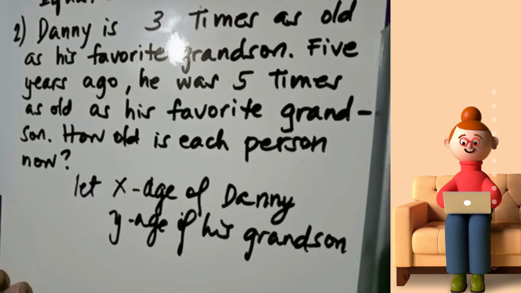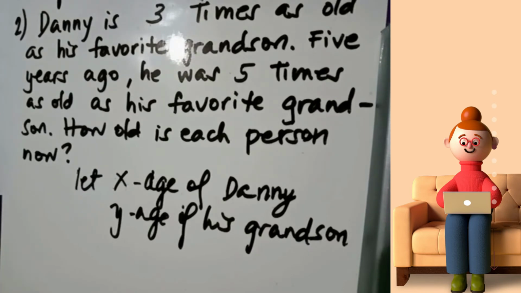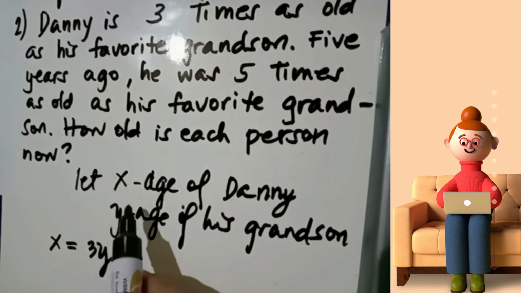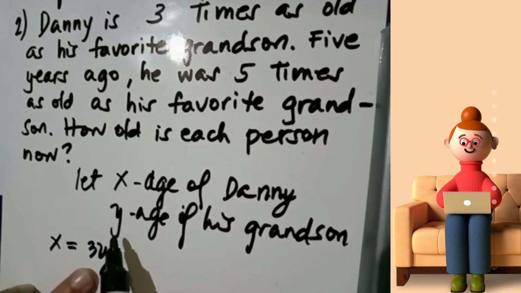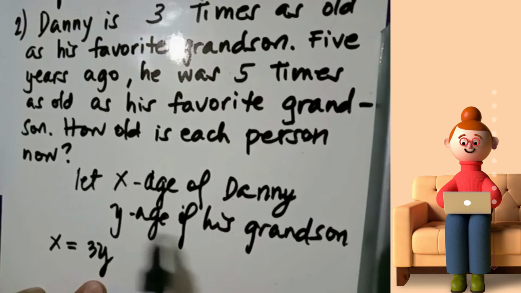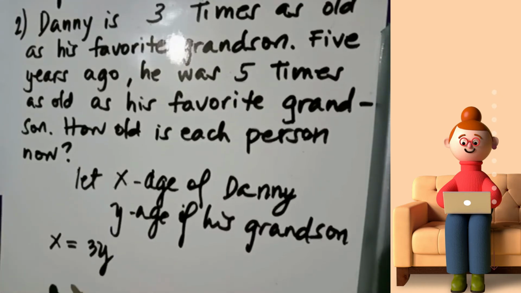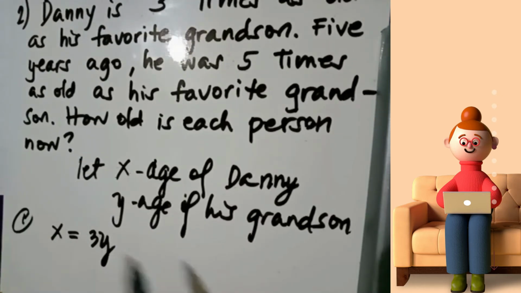So again, the age of Danny is 3 times as old as his grandson. So the age of Danny is 3 times the age of his grandson. So that is our first equation.